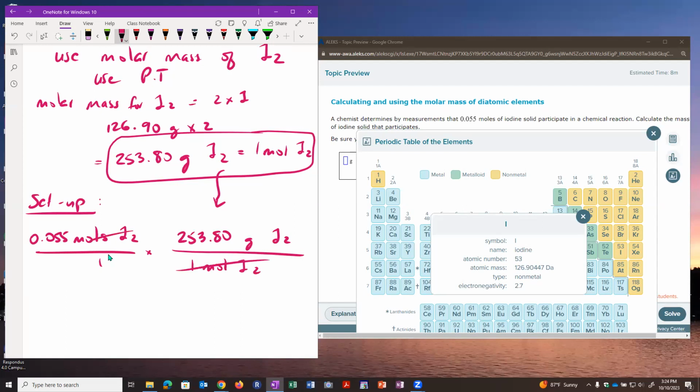Moles cancel, and then we use our calculator, solve this, and round it to the correct number of sig figs. In this case, we have 2 sig figs in this number, and we have 5 over here. So our answer should have 2 significant figures.